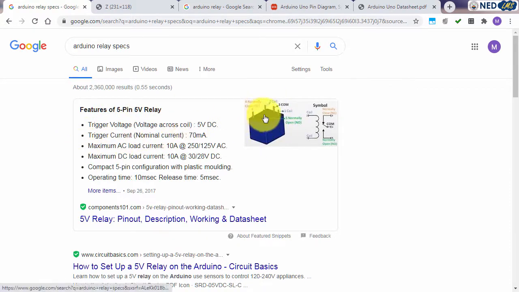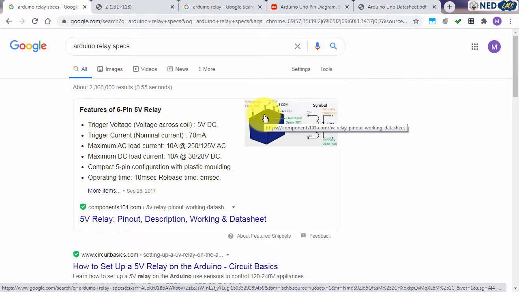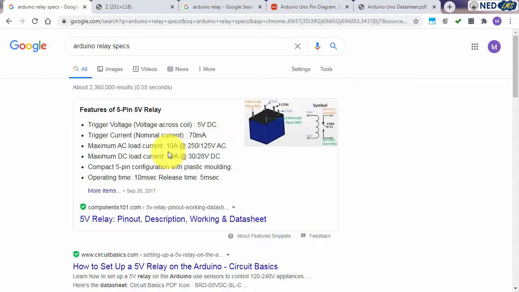For the coil side rating, we have to take a look at what current is required and at what voltage to energize the coil. At the load side rating, we must know what is the maximum current at what voltage is supported by these closing contacts. Now, looking at the relay specification, we see that the trigger voltage is 5 volts DC and the trigger current is 70 milliamps. These are coil side ratings.